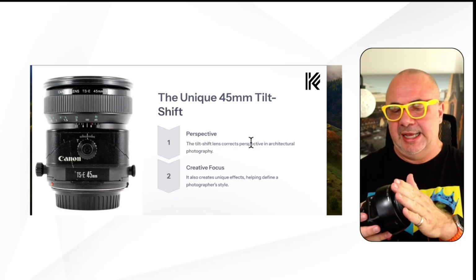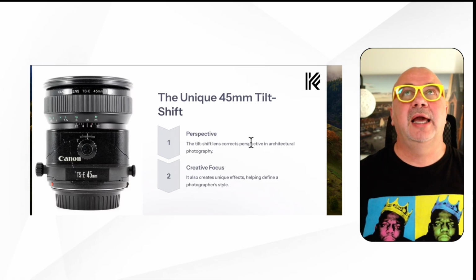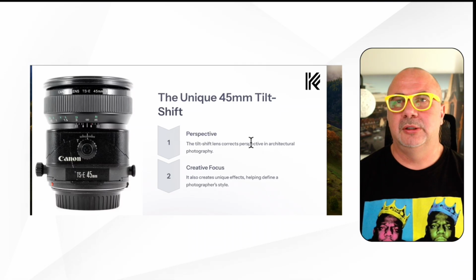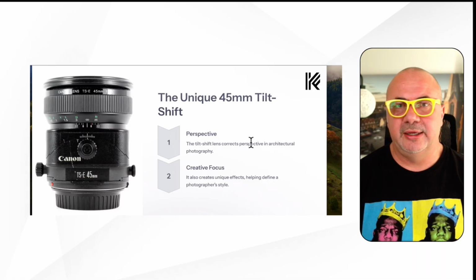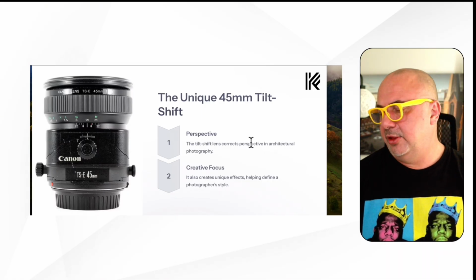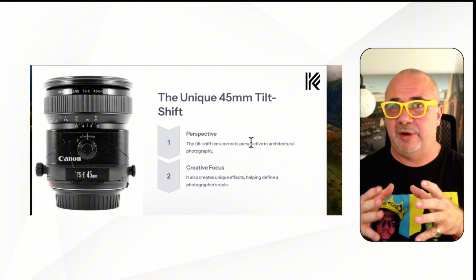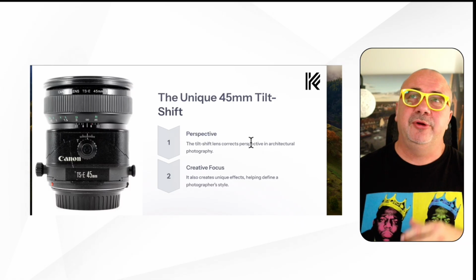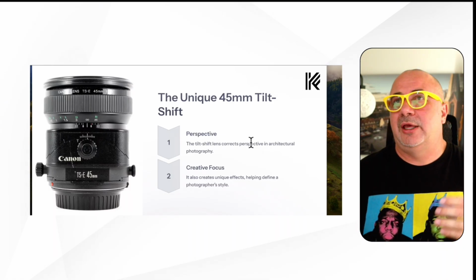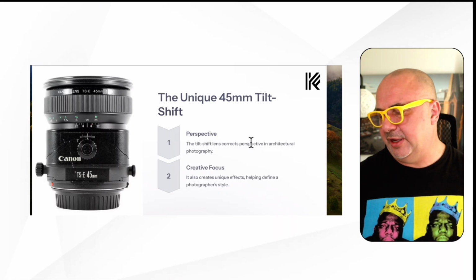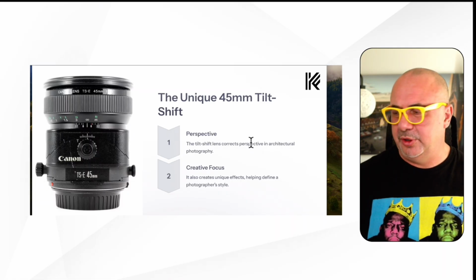I think of it the same as a 24 millimeter prime lens, which is also not a zoom, just a fixed lens. A 35 millimeter, even an 85 millimeter, you either love the 85 millimeter lens or you don't have it as part of your collection. Same with the 45 tilt shift, same with 35 and 24.